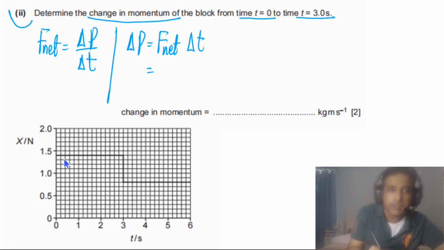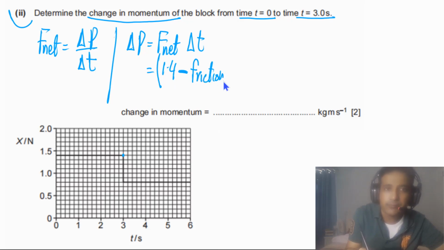If you look at the given graph, we can find the applied force from here. Applied force is equal to 1.4 newtons until 3 seconds. Then there is also a frictional force acting on the block. So the resultant force is applied force minus friction, and the duration of time is given, that is 3.0.